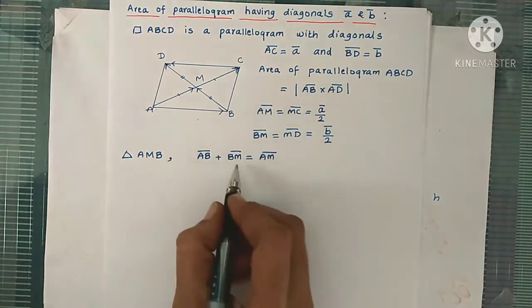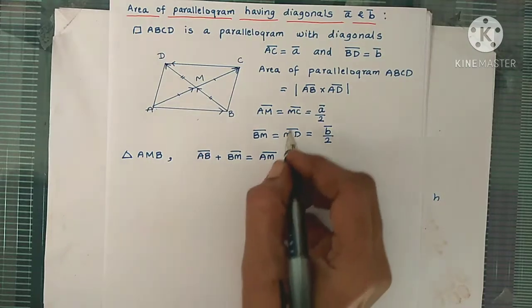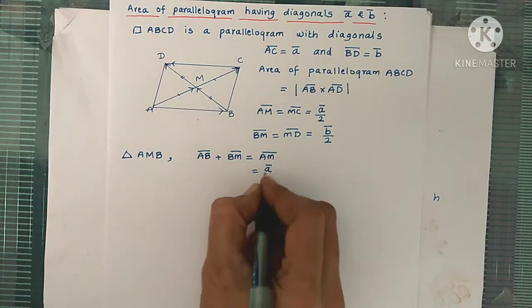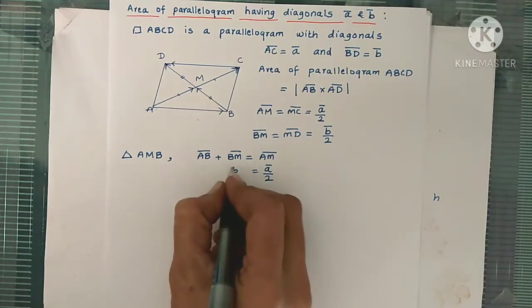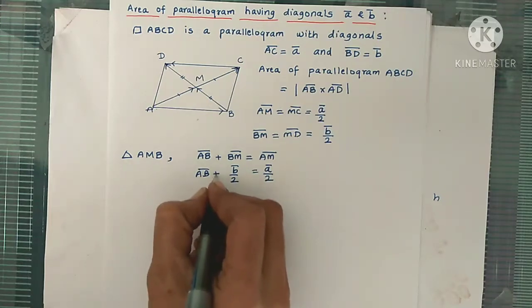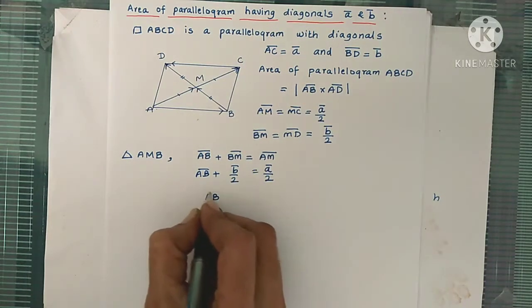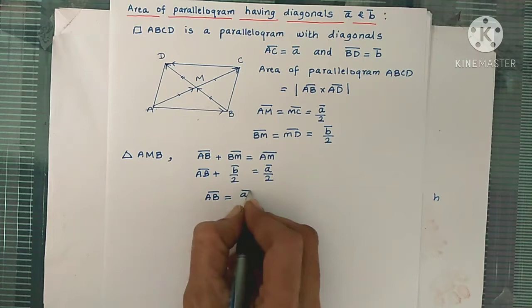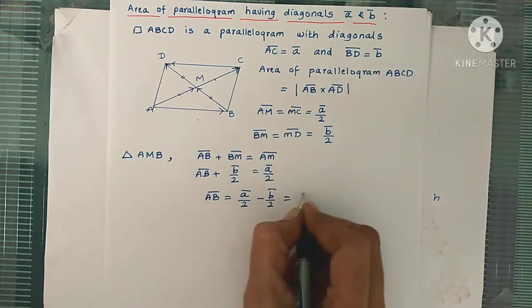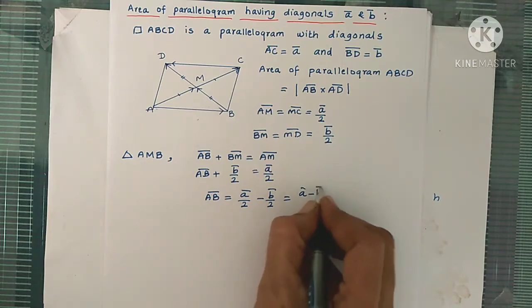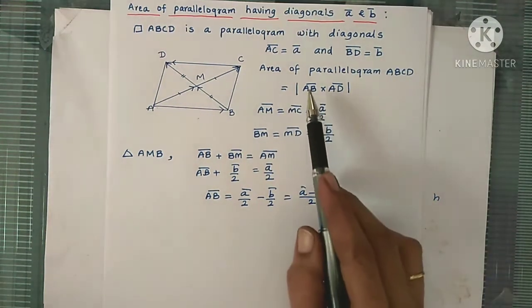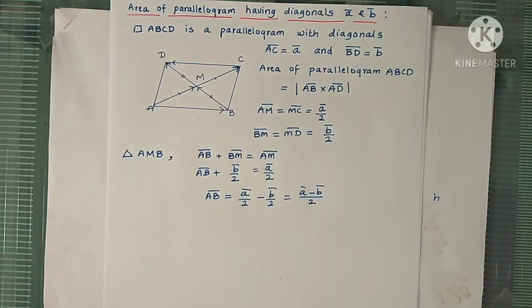AM bar is A bar upon 2 and BM bar is B bar upon 2. We want AB bar, so AB bar equals A bar upon 2 minus B bar upon 2. So that becomes A bar minus B bar upon 2. So one adjacent side AB bar is A bar minus B bar upon 2.